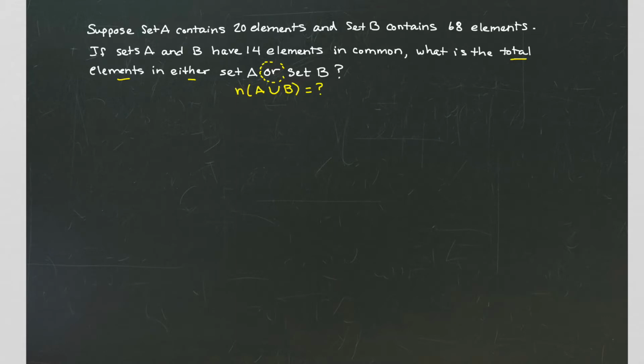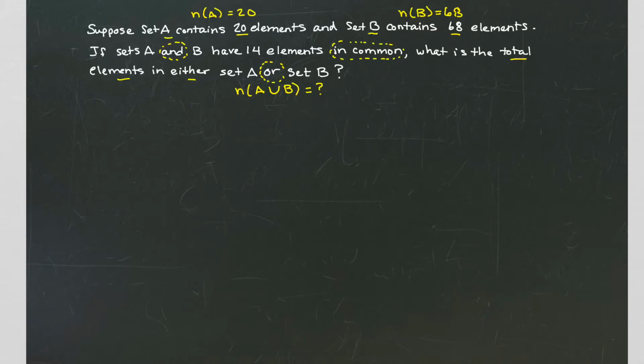Now let's write down what we know. We know that A contains 20 elements, so the number of elements in set A is 20. B contains 68 elements, so the number of elements in set B is 68. And I also know that A and B have 14 elements in common.